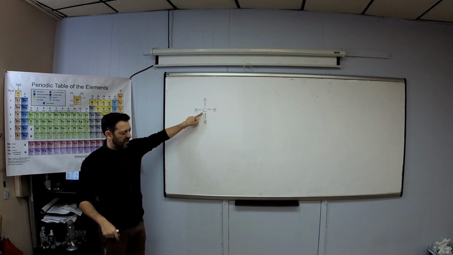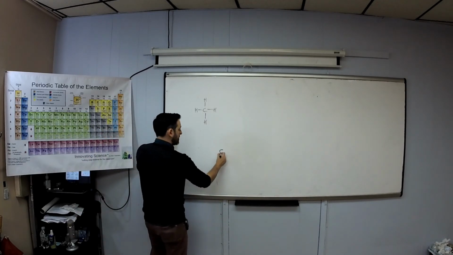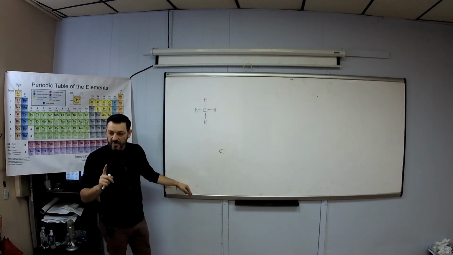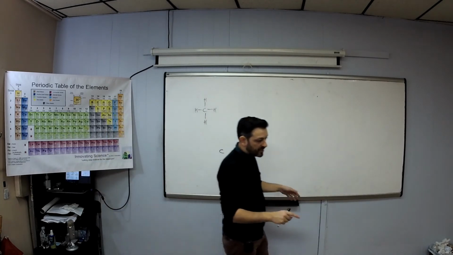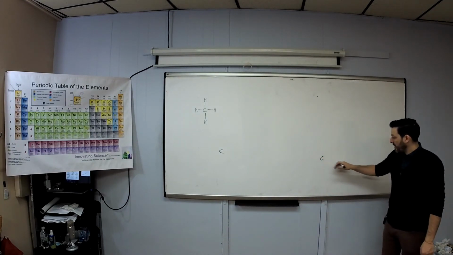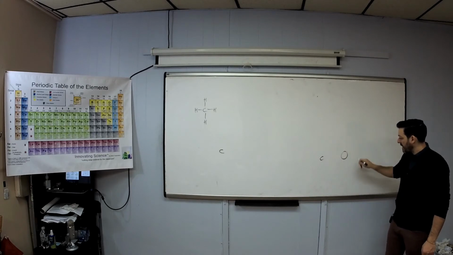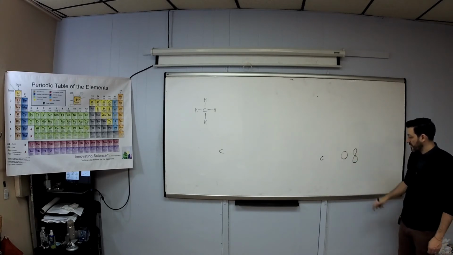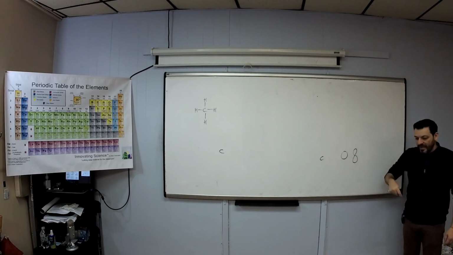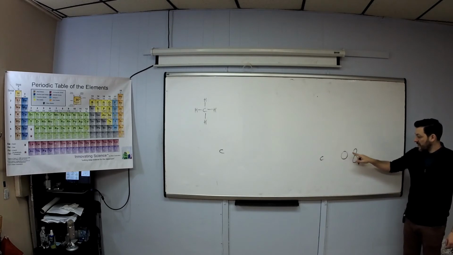What's the hybridization of this carbon? sp3. So you draw a carbon, and you're going to draw an sp3 or sp2 or sp orbital. It looks like this. First, how we develop it.